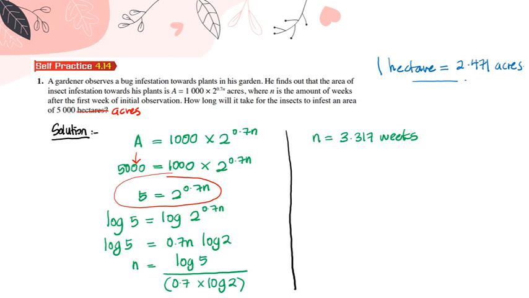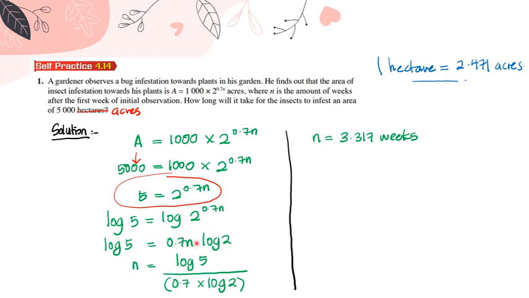So how to solve this? The other way to solve this is we take log on both sides, left hand side and also right hand side. So we write log 5 is equal to log 2 to the power of 0.7n, and we take this to the front and it will become log 5 is equal to 0.7n times log 2.